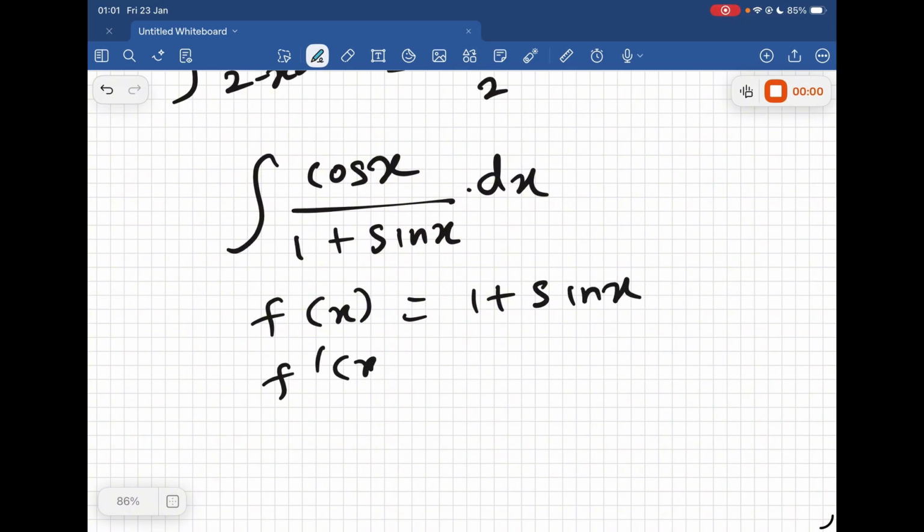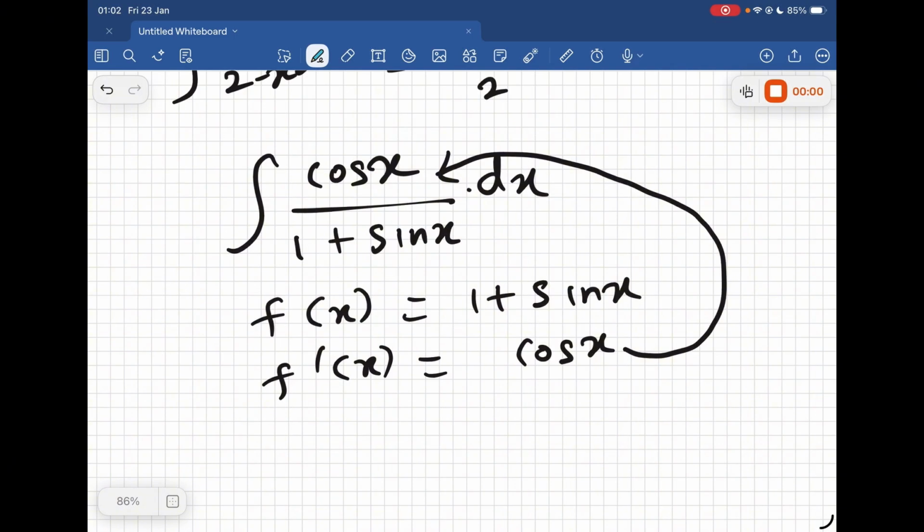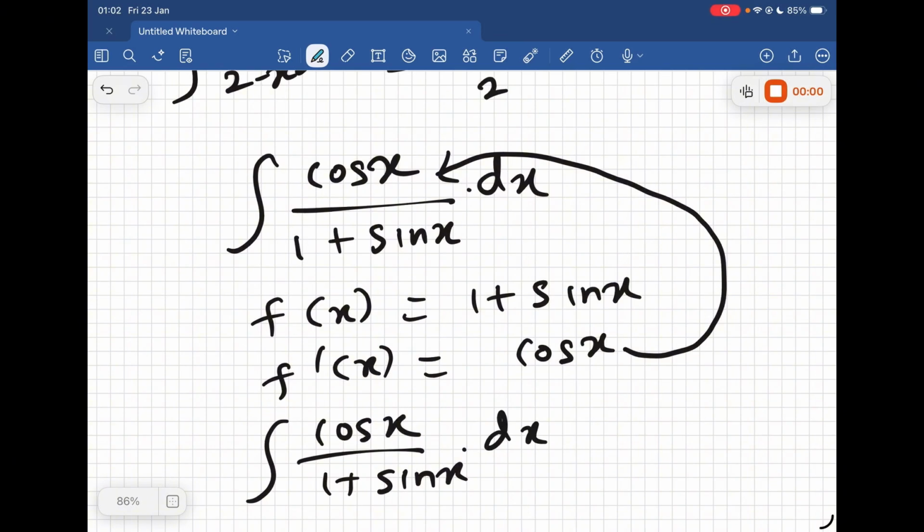Let me find f prime, the derivative, which is cos x, since the derivative of sin x is cos x. Comparing with the numerator, yes, it's an exact match. So the integral of cos x over 1 plus sin x is equal to ln of the modulus of 1 plus sin x plus c.